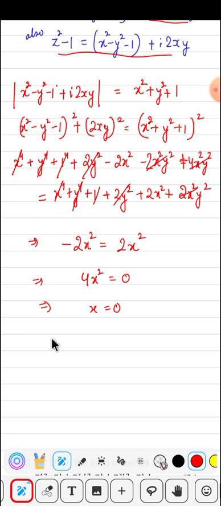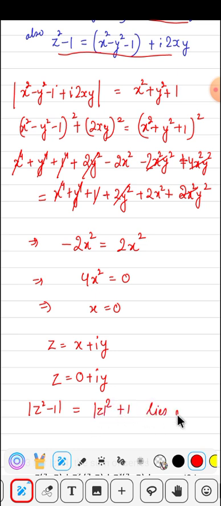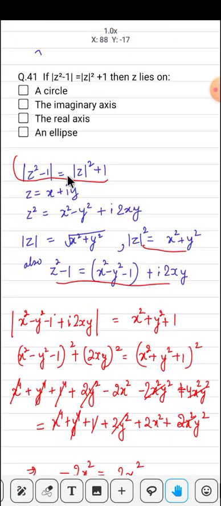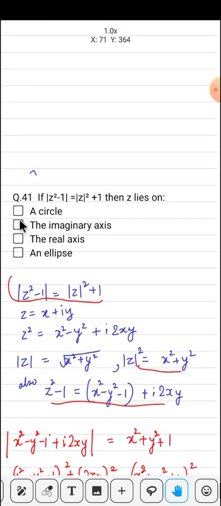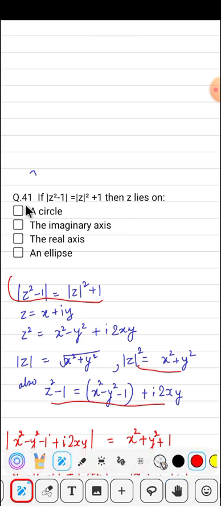So what I get, that z = x + iy, with x = 0, I am left with iy. So this equation |z² - 1| = |z² + 1| lies on the imaginary axis. So our right answer is the imaginary axis.